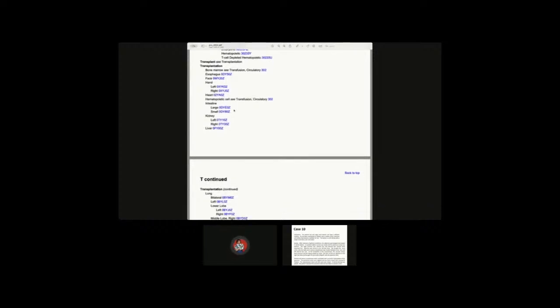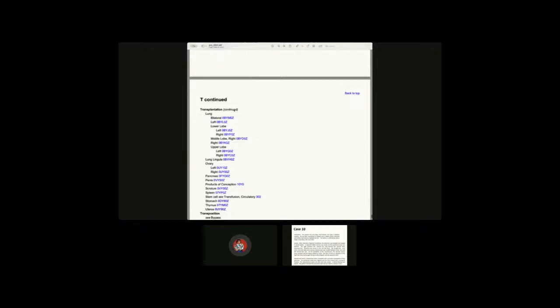So we have the kidney, and it was the left kidney. That's taking us to table 0TY. And then we have the pancreas, and that's taking us to 0FY. Notice they have a third character of Y for transplantation.